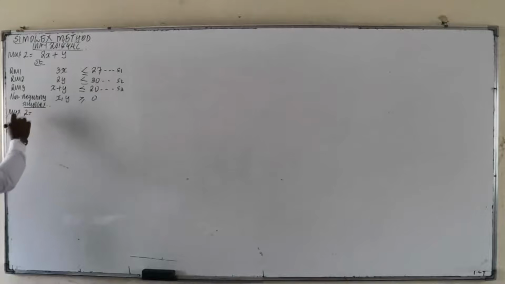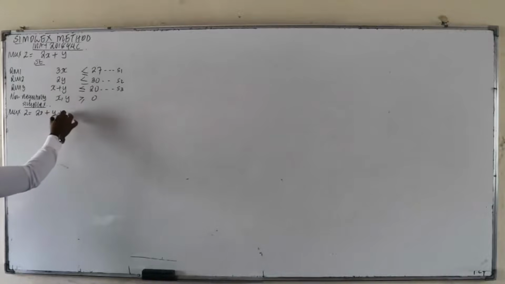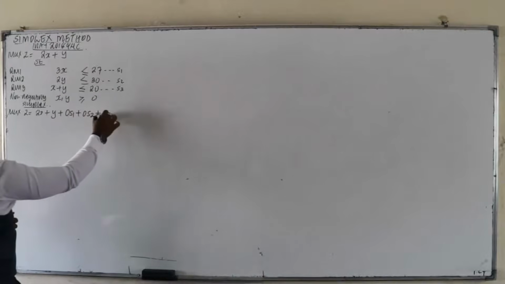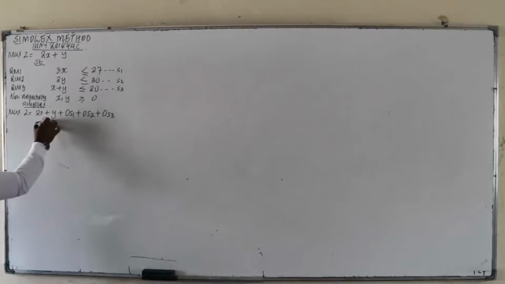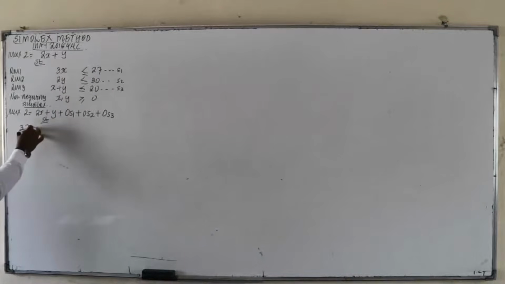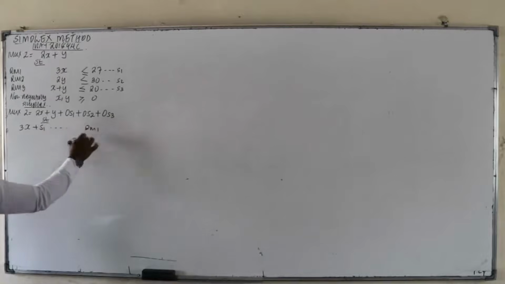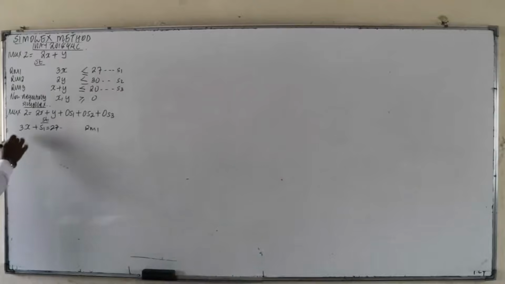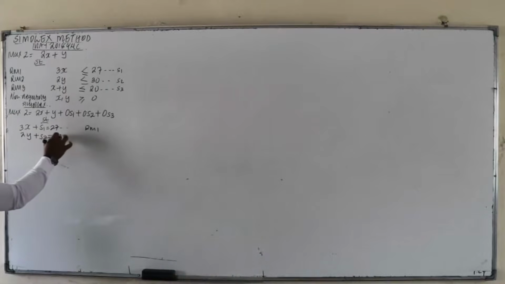So it will be maximize Z is 2X plus 1Y plus 0S1, 0S2, 0S3, subject to raw material 1, it's 3X plus S1, that's raw material 1. So this one is equal to 27. 2Y plus S2 is equal to 30.